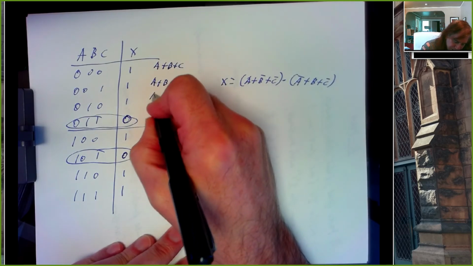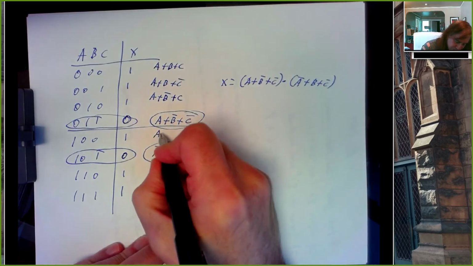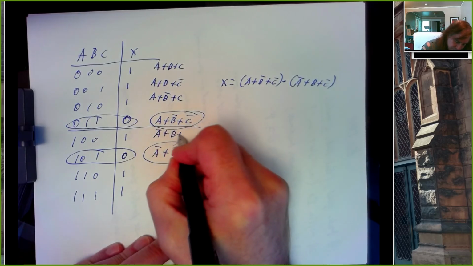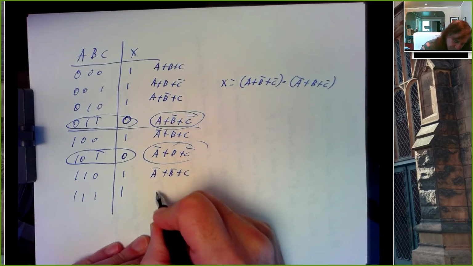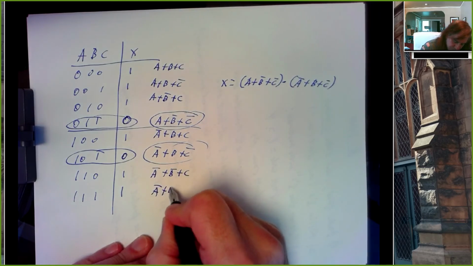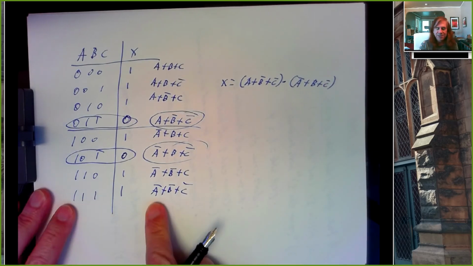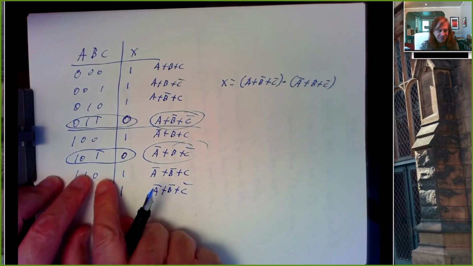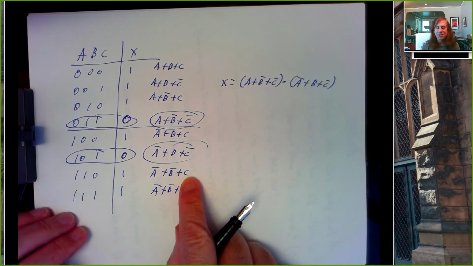And you can probably start to infer a general rule, which is if you have a 1 for the input, write the variable with a bar. If you have a 0 for the input, write the variable without a bar. It's the opposite of what we did before.